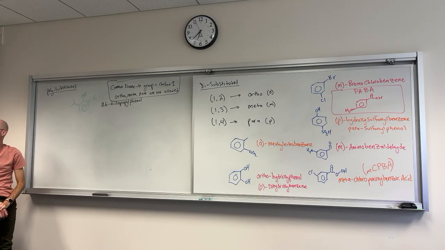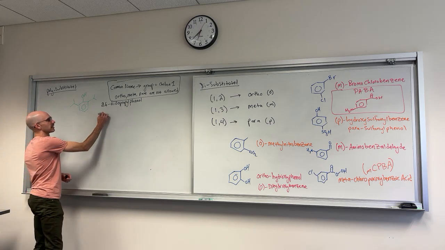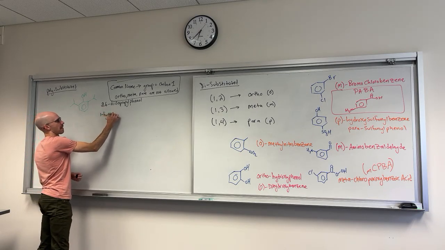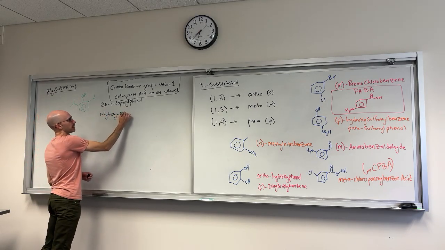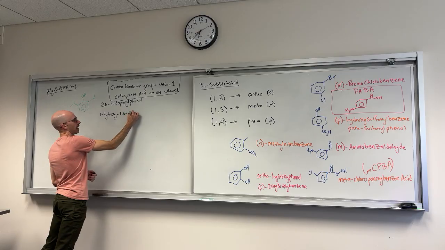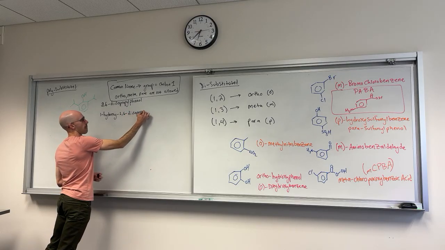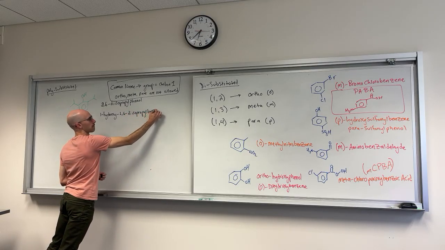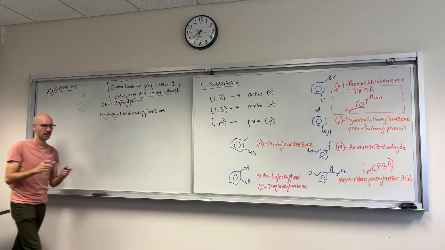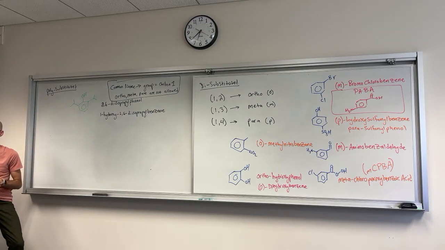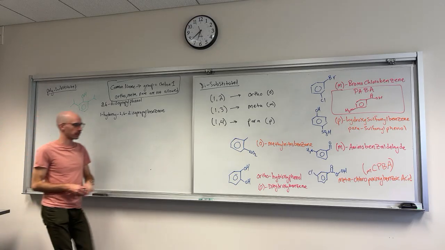Does H come before I? A, B, C, D, E, H, I. So hydroxy actually comes first. So 1-hydroxy, 2,6-diisopropyl benzene. Good. All right, let's do another one.